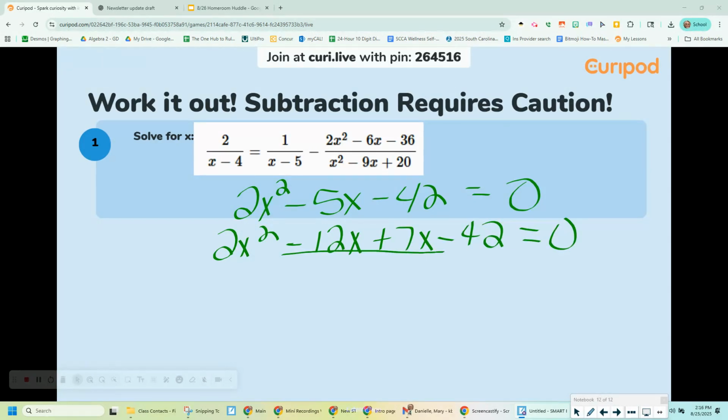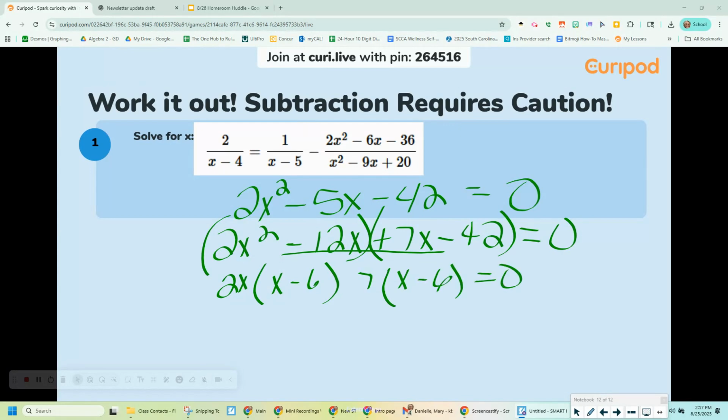So I broke up the 5x into negative 12x plus 7x. And now I'm going to use my grouping method. Factoring out a 2x here leaves me with x minus 6. Factoring out a 7 leaves me with x minus 6. So 2x plus 7 equals 0, and x minus 6 equals 0.